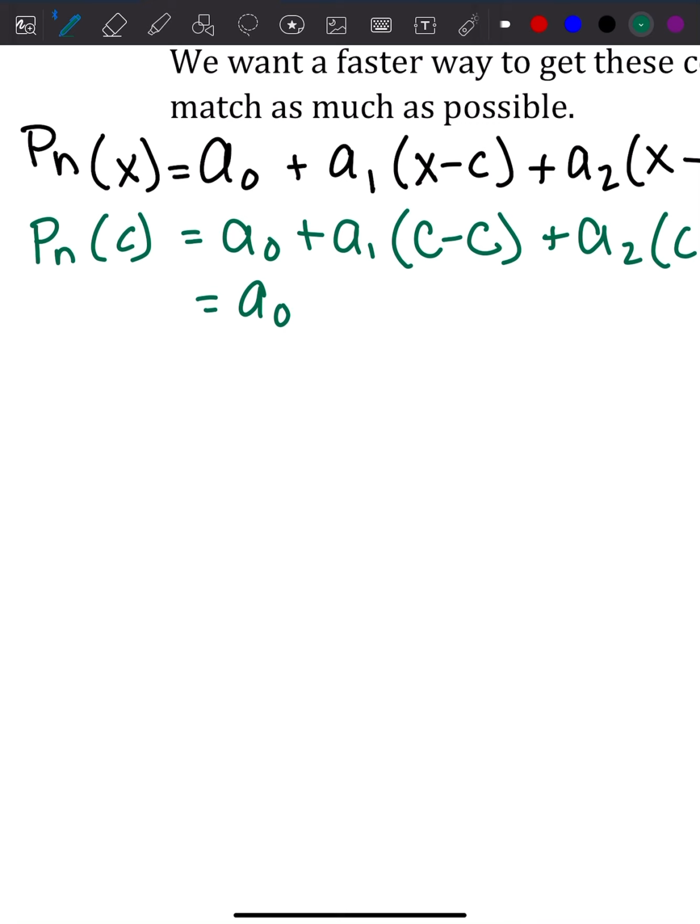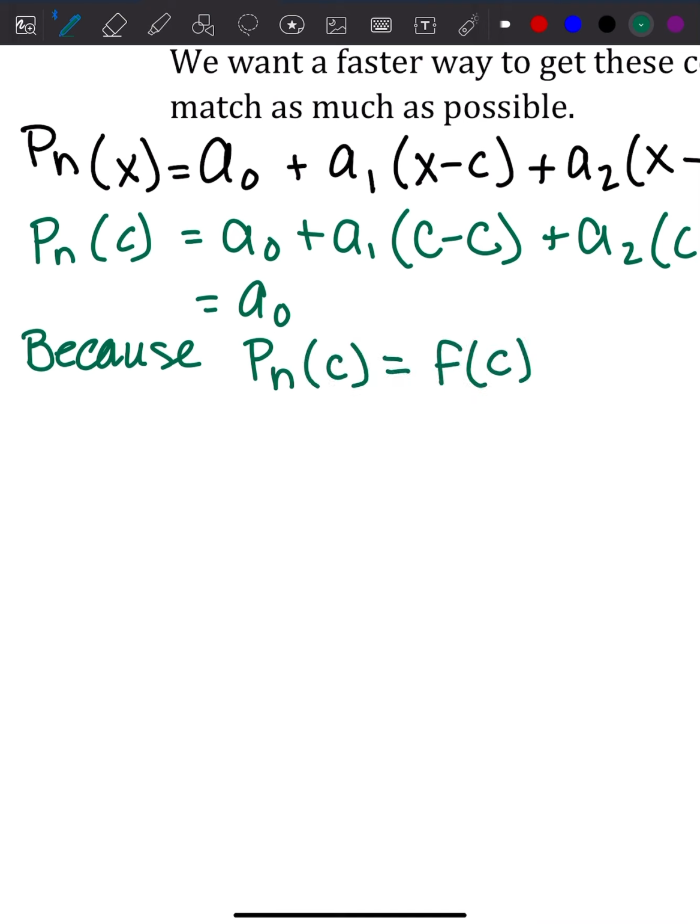Because we want them to be as close as possible, we want p sub n of c to equal whatever our function is at c.